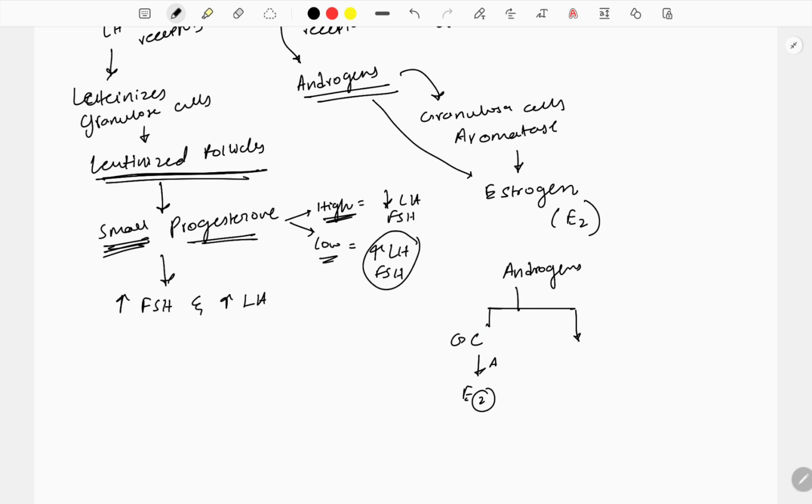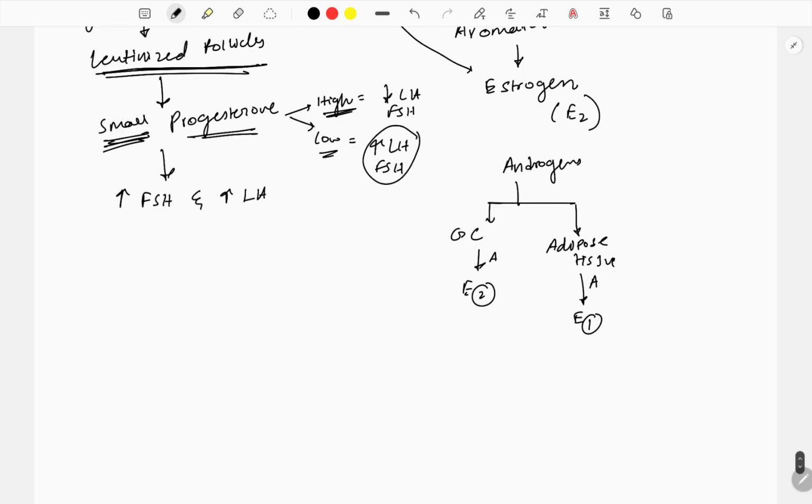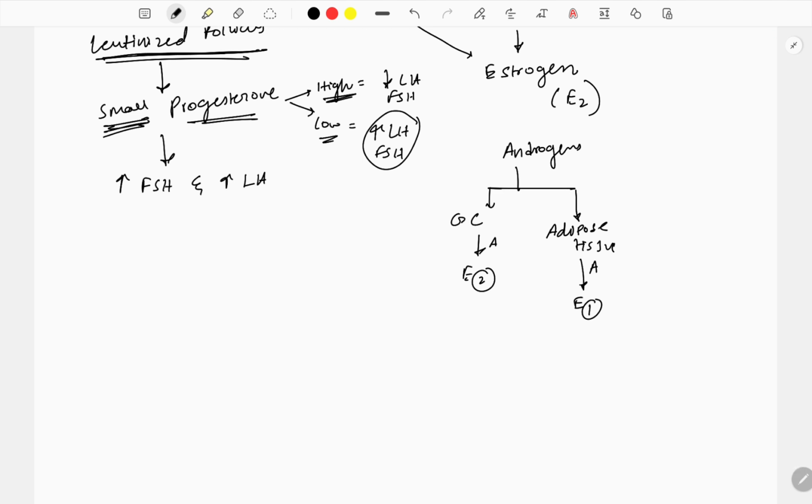But the same androgens, when they act on adipose tissue, with the help of aromatase, convert into estrogen again, but it's not E2, it is E1. In menopausal women, there are generally no granulosa cells, so the estrogen which they have is generally E1 estrogen.